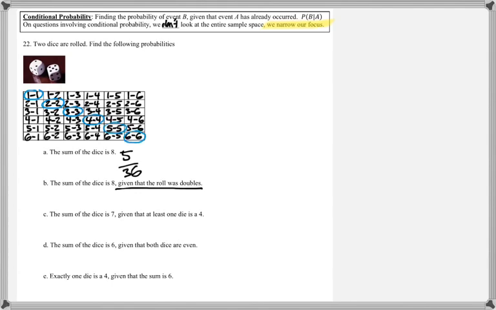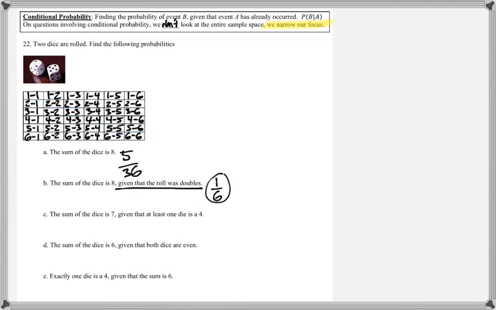Our denominator is no longer 36, it's just 6. Now, of these 6, how many have a sum of 8? That would be just this one. So our final answer is 1 out of 6.